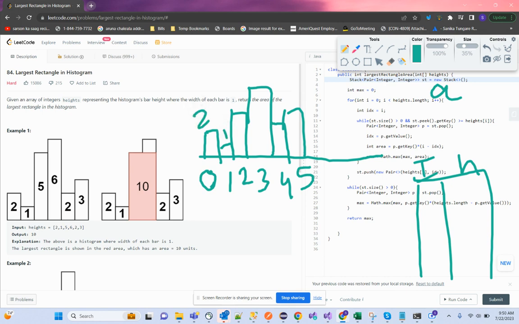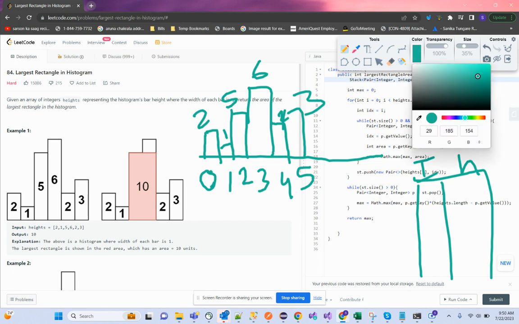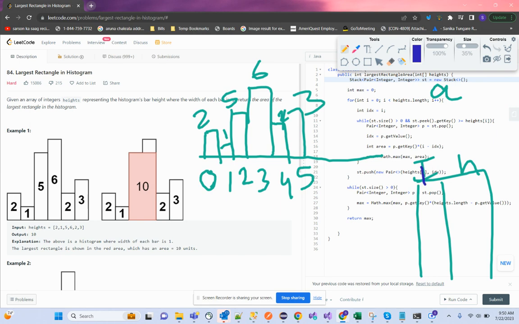This is height of 1. Let's take this height as 5. Let's take this height as 6. Next height as 2 and next height as 3. Now here we have the index and this is height. This is our stack, the stack data structure.